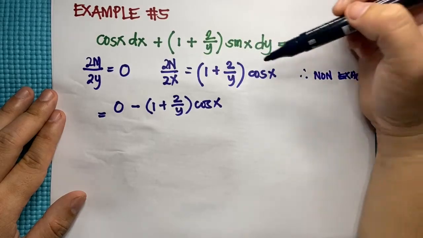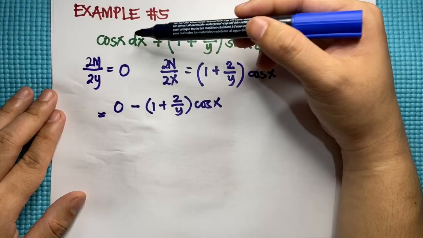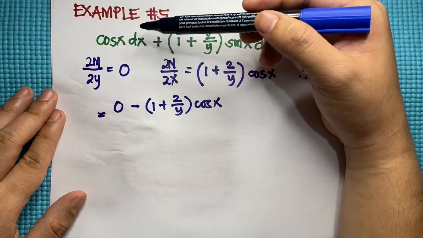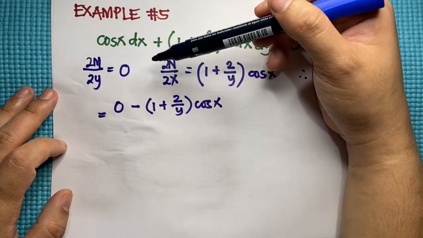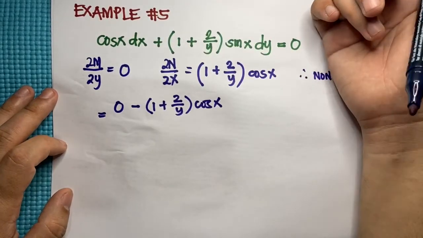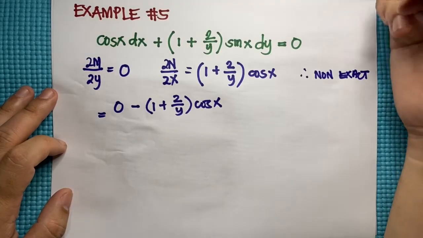But if I divide it by M, similarly, it would be a function of y alone. So in this case, it's either a case 1 or a case 2.